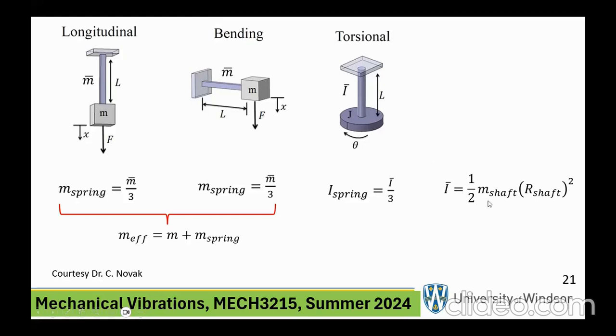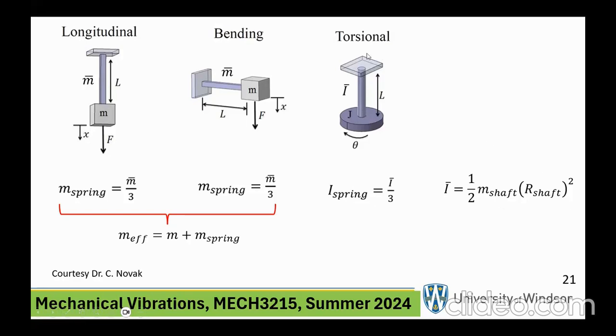This is from last week. I of the shaft is the mass of the shaft, but because it's rotational motion we use I, which is 1/2 of the mass of the shaft times R of the shaft squared. And if you're to account for this mass because it's acting as the spring, take a third of this.